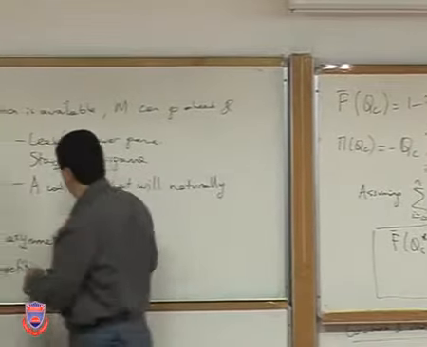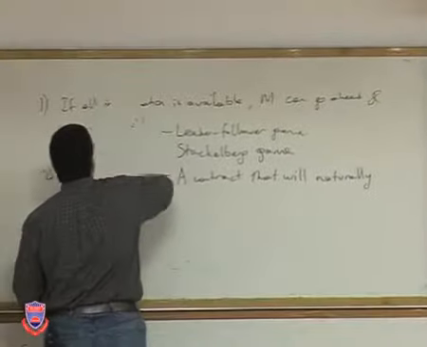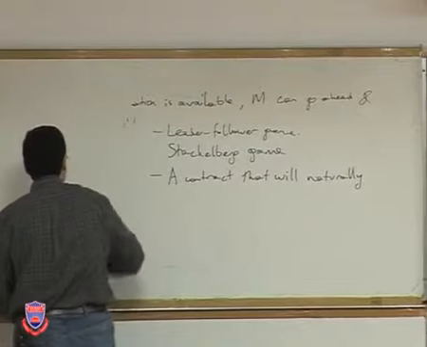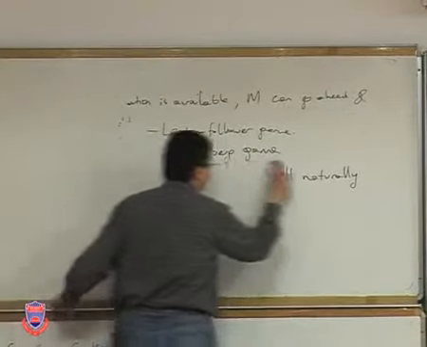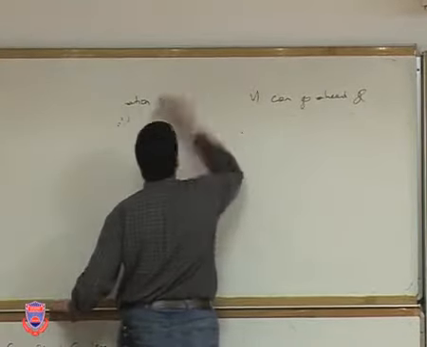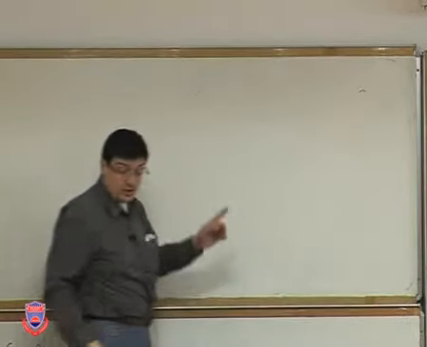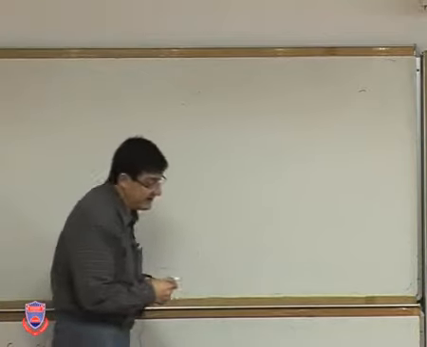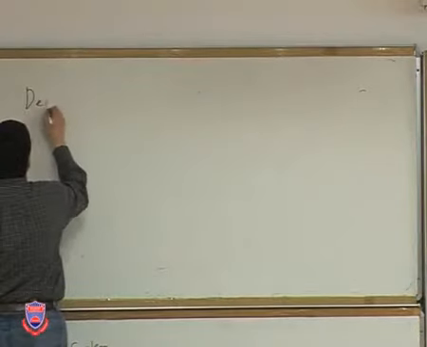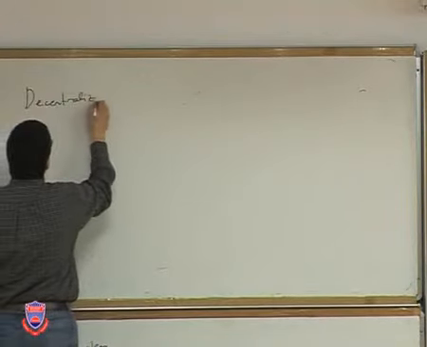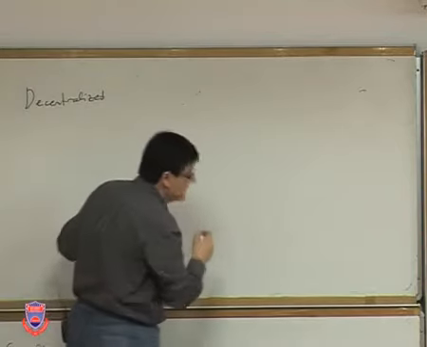We are going to talk about 4 different types of decentralized systems, 4 different contractual situations, which is going to be operated by the system.